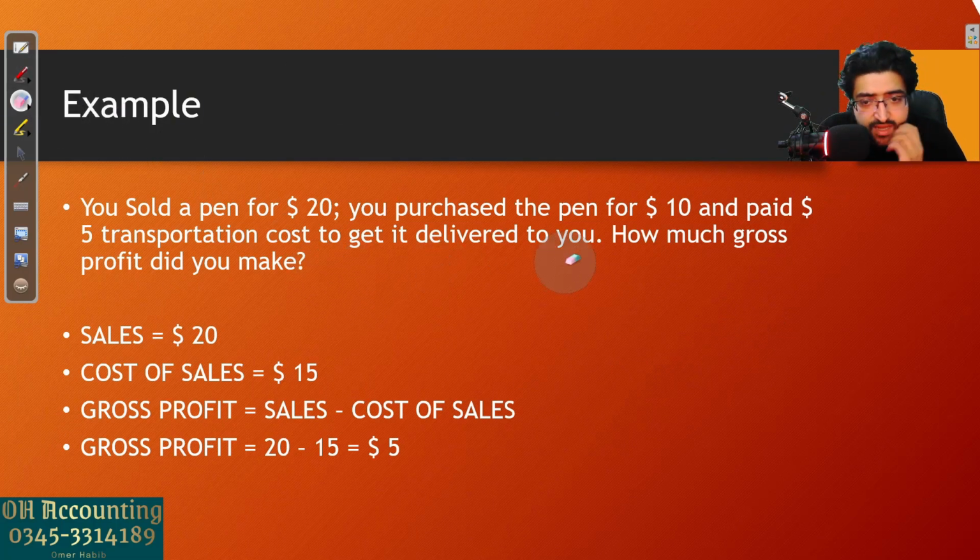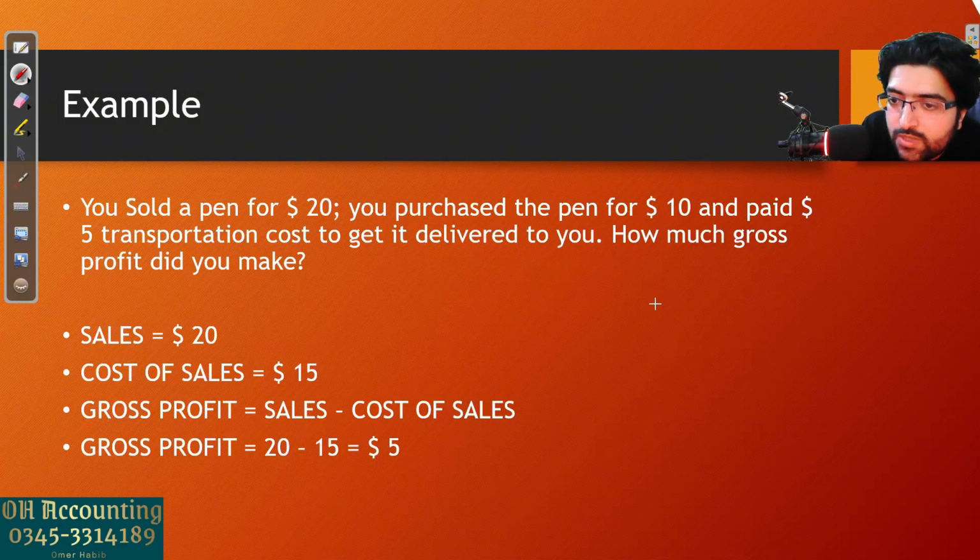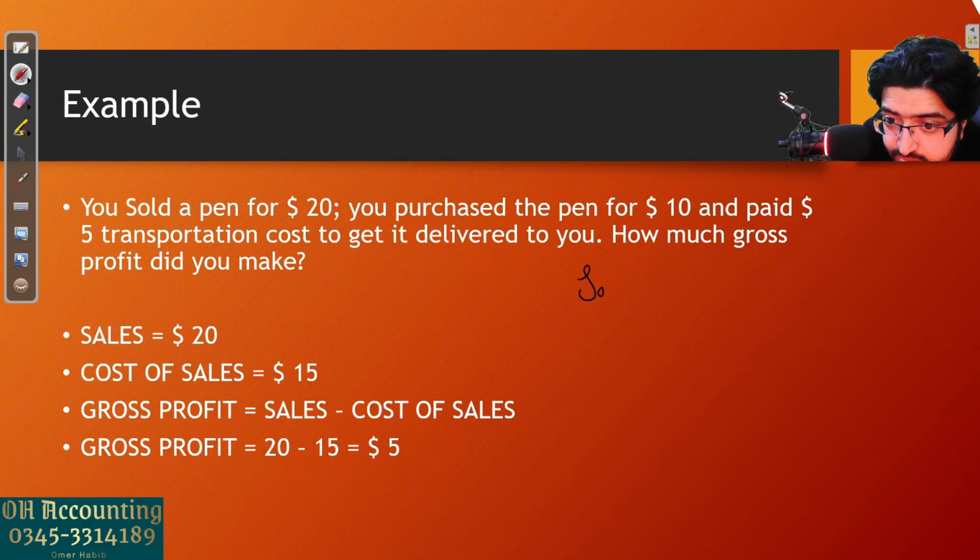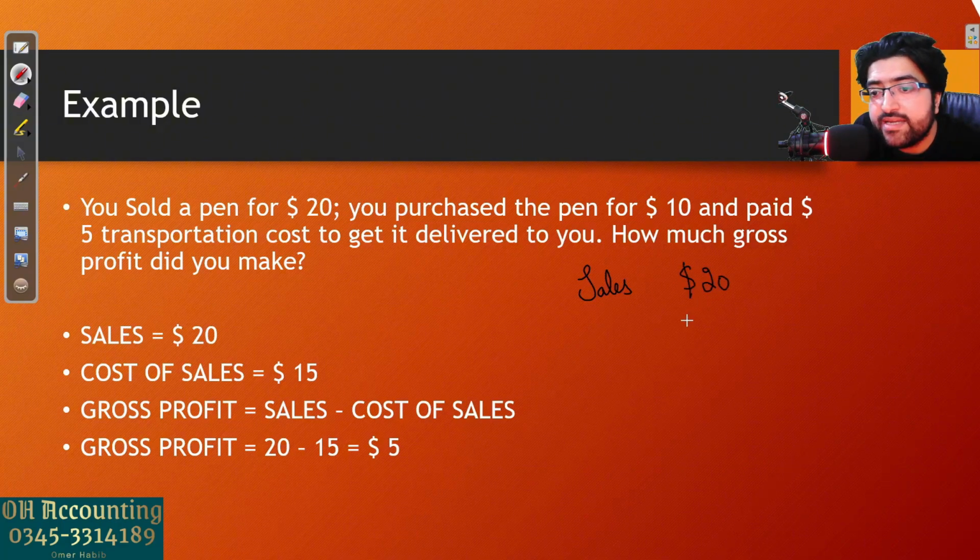Let me make this straight. So your sales will be worth $20. You purchased the pen for $10 and paid $5 transportation cost to get it delivered to you. How much gross profit did you make?